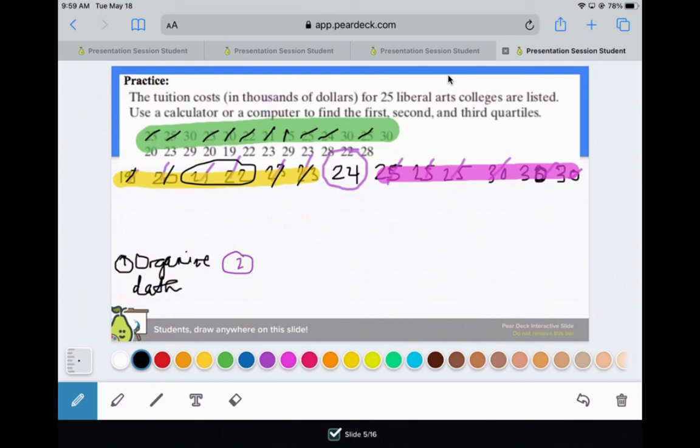Here the median is going to be 21.5. So this would be your median. I'm going to circle that. So we may run into a situation where it's not exactly a number for you to choose. If there's two, we add them up and divide by 2.